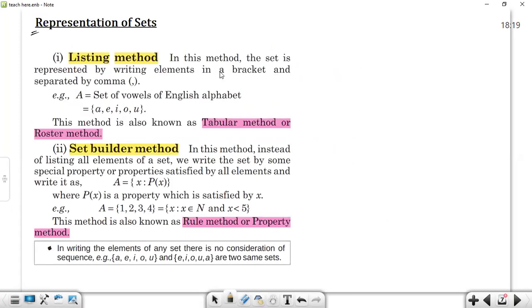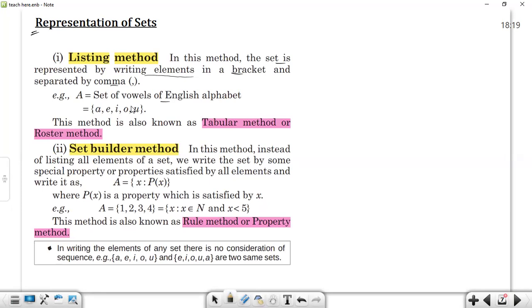So now let's discuss the representation of sets. In the listing method, a set is represented by writing its elements in curly brackets, with every element separated by a comma. So this is the set of vowels of the English alphabet: A, E, I, O, U, written in curly brackets.